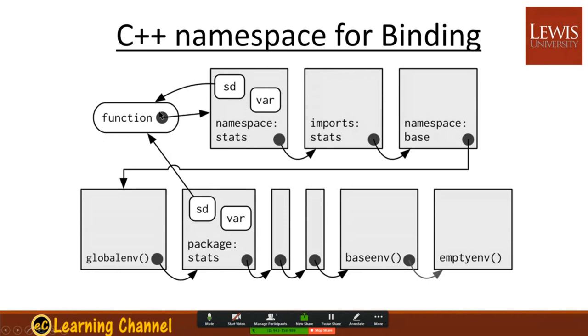And that stats namespace imports another namespace, and that imported namespace will actually reference the base namespace, and the base namespace will go to the global environment variable setting, and then find certain packages and assign those definitions for the variable we see in the namespace stats.